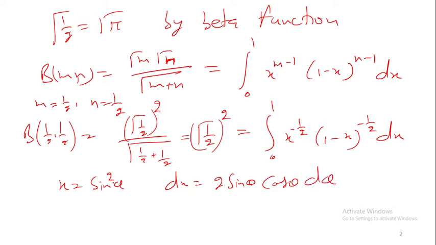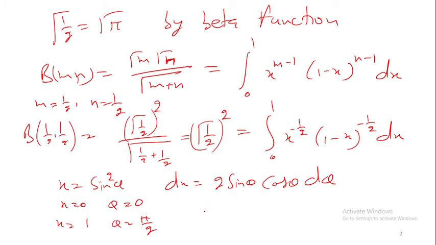When x is equal to 0, theta is equal to 0, and when x is equal to 1, theta is equal to pi upon 2, because sine square of pi upon 2 is equal to 1.